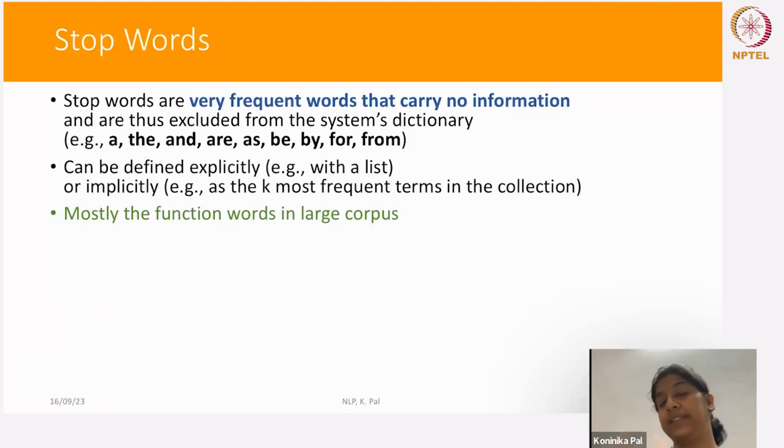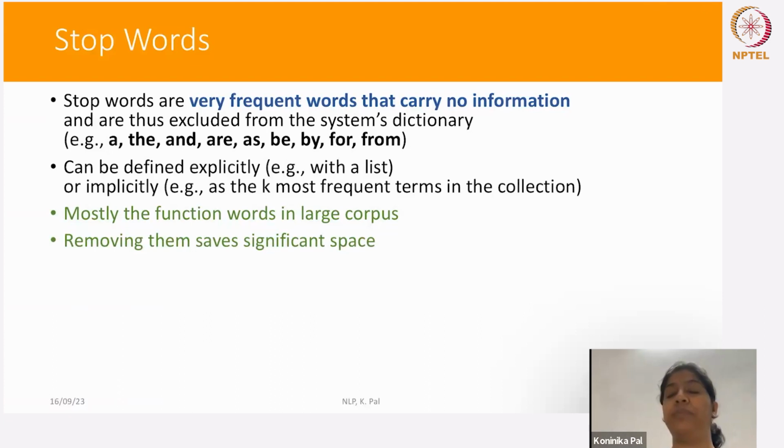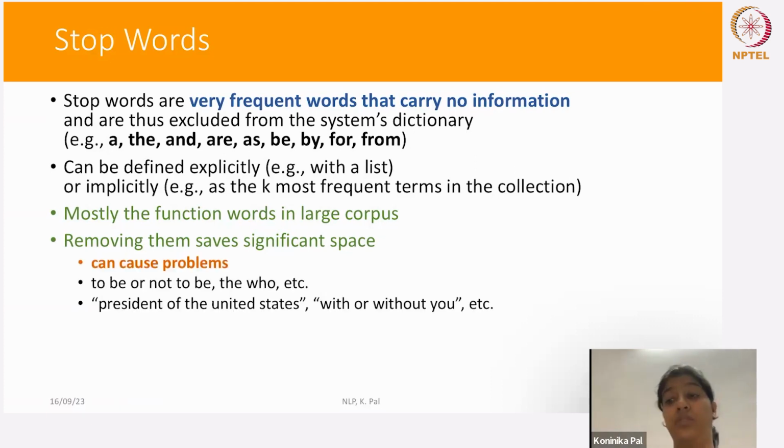So mostly, as I just mentioned, these are the function words in the large corpus, and the main motive for removing them is to save a significant amount of space. However, in some cases it also causes problems. Take the phrase "to be or not to be": if you start removing the stop words "be" and "or", it's just like "two or not two", which doesn't make much sense.